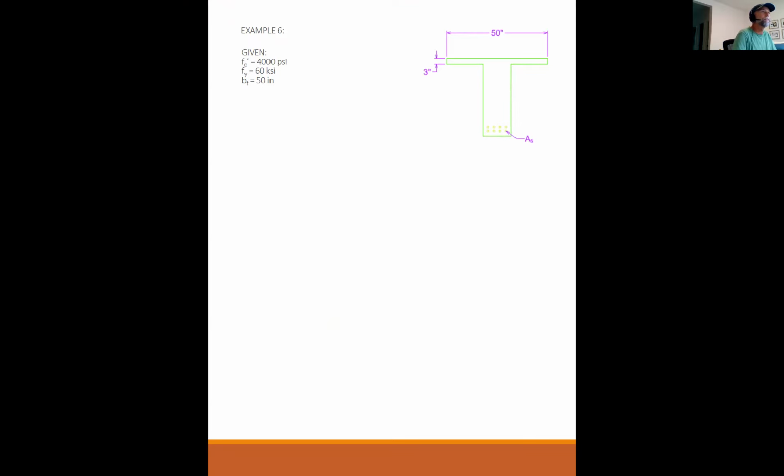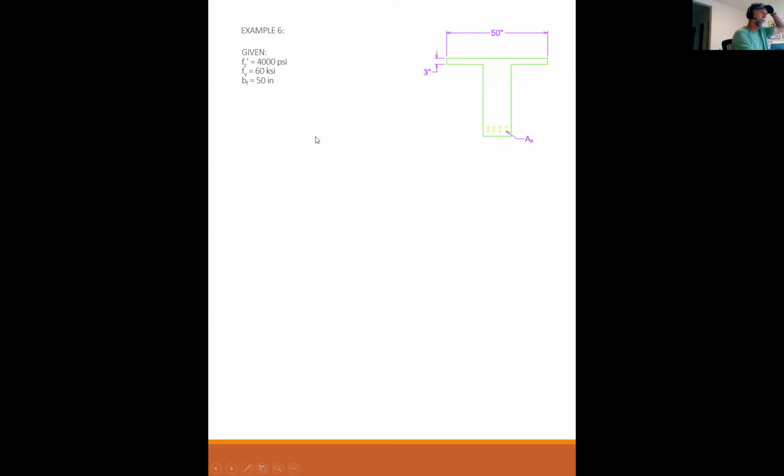The width of the effective flange is 50 inches. And again, as I mentioned before, if you see a problem stated in this way, then there's no need for you to go through and calculate 8 times the flange thickness plus halfway to the next beam or the span over 4, anything like that, because I've already reduced the problem to the section that I want you to evaluate.